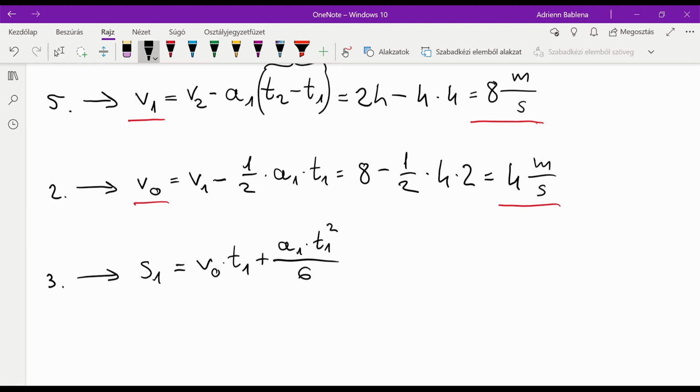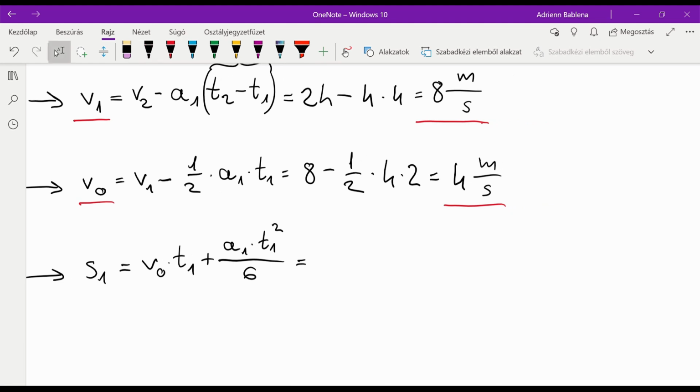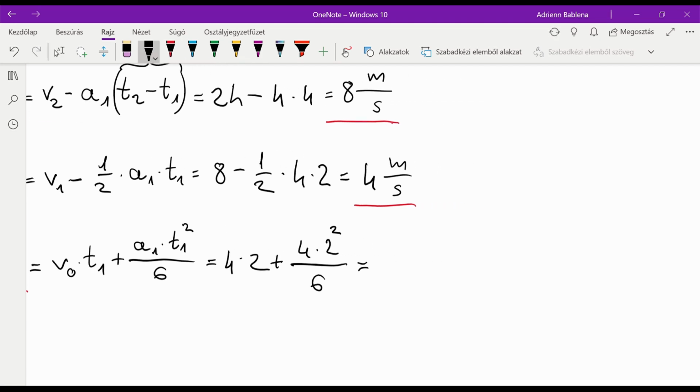I hope, yes. And V0, now we know it's 4 times T1, it's 2, plus 4 times 2 squared over 6. And from this S1 is 10.667 meters.